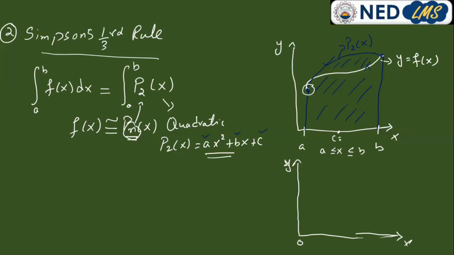This midpoint is numerically equal to a plus b by 2. If I read our integrand at f of c, it would be here, f of c. And if I put this point c in the polynomial, it would be somewhere there. So there is a difference between these two. But how do we use this condition to find the polynomial?